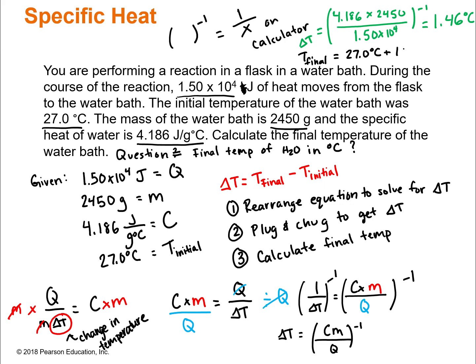We add 1.46 degrees Celsius. That's 28.46. But remember, with sig figs, we can't have that many. So it's 28.5 degrees Celsius.